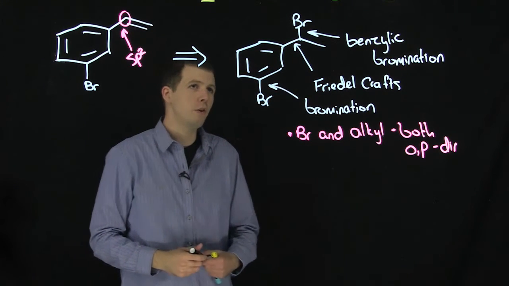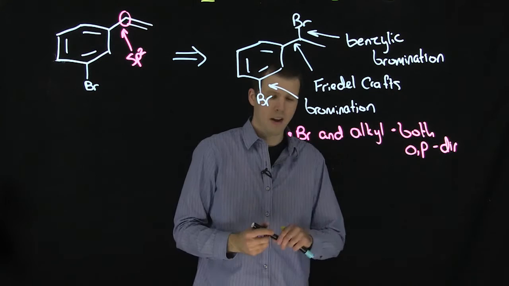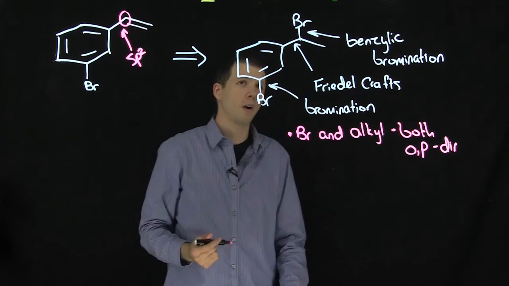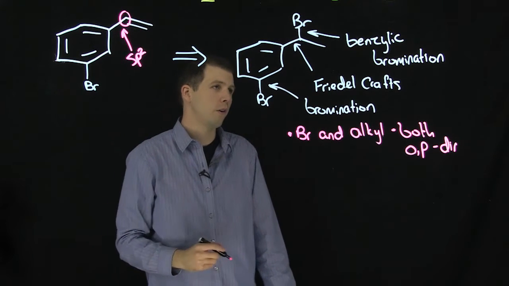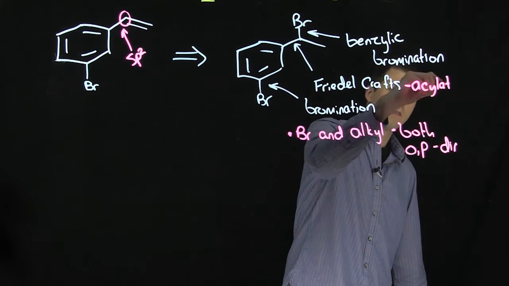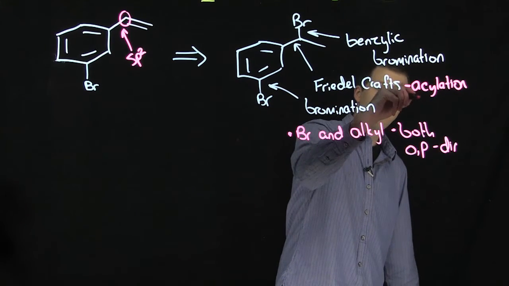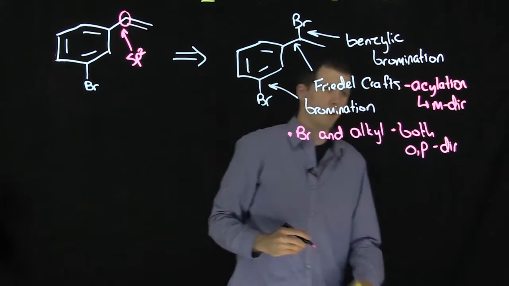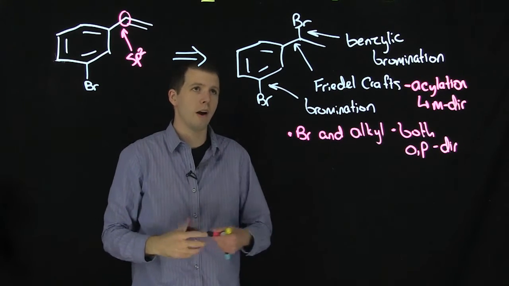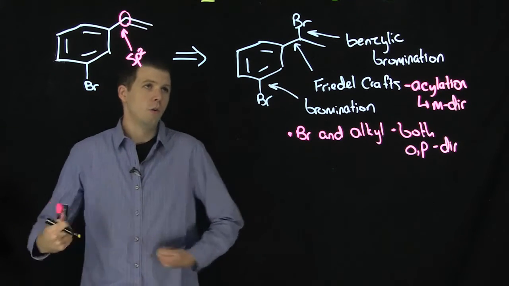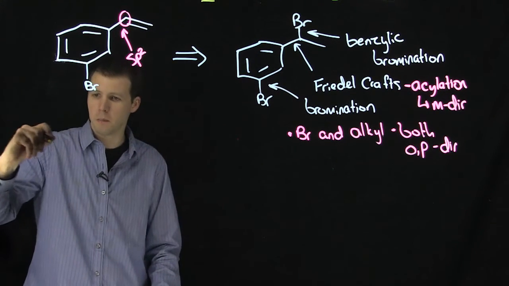And the way we can do this is instead of installing this alkyl group through just a Friedel-Crafts alkylation, we can do it through an acylation. And remember, the acyl group is a meta-director, so that will allow us to work around our problem. So to start out, we'll start with just a basic benzene ring.